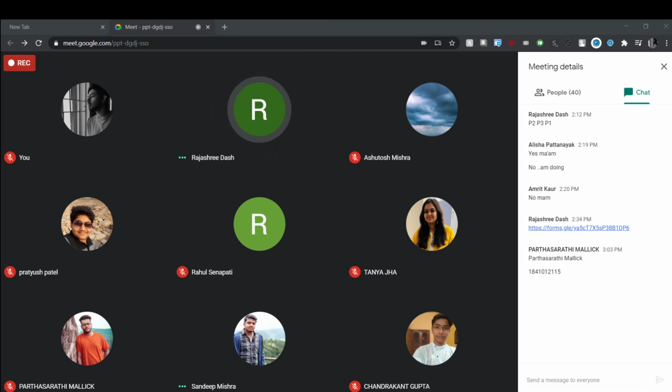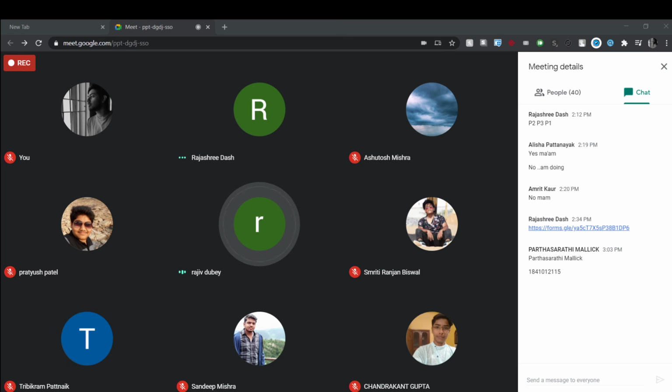Trivikram Patnaik, present, ma'am. Niranjan Biswa, yes, ma'am. Rajiv Dubey, present, ma'am. Sakriti Modak, present, ma'am.